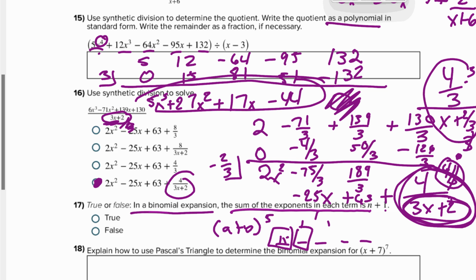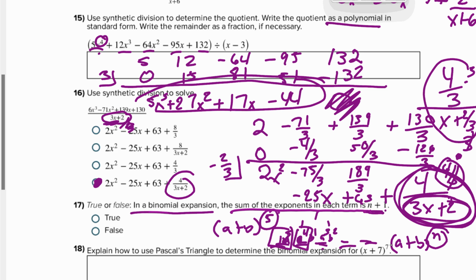So this would be a to the 5th. This would be a to the 4th, b to the 1st, a to the 3rd, b to the 2nd, right? It always adds up to whatever the power is, not n plus 1. So for a plus b to the n, each of these terms always adds up to n.